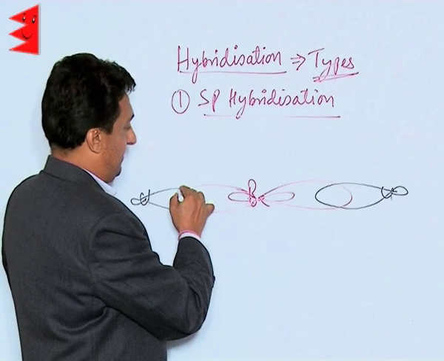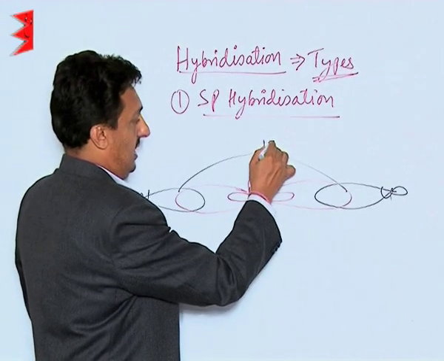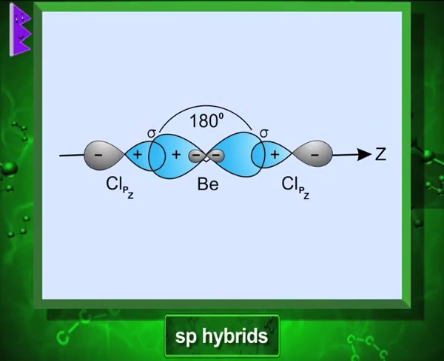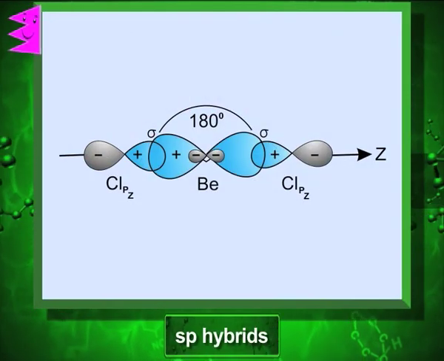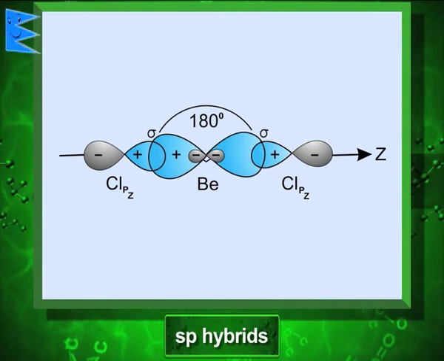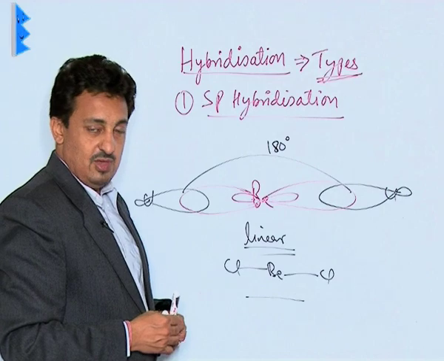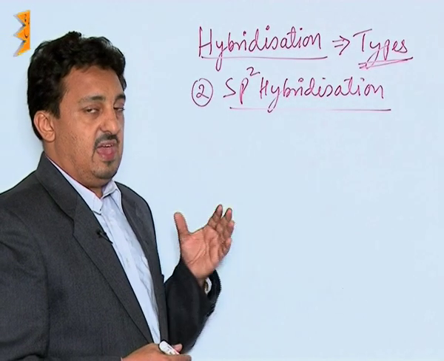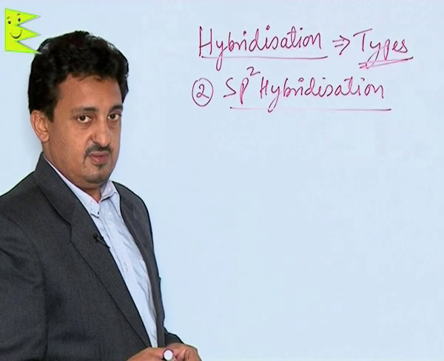This is the exact structure. It takes an angle of 180 degrees, the shape becomes linear, and this is the BeCl2 beryllium chloride molecule.